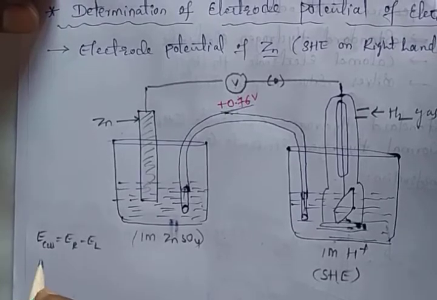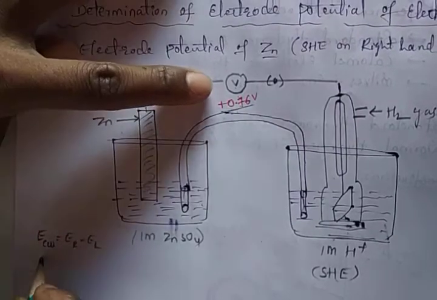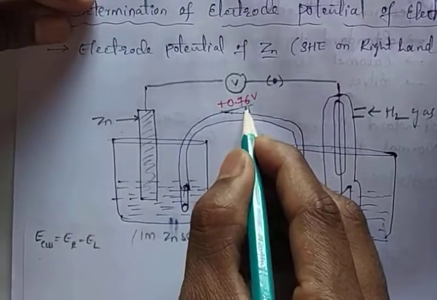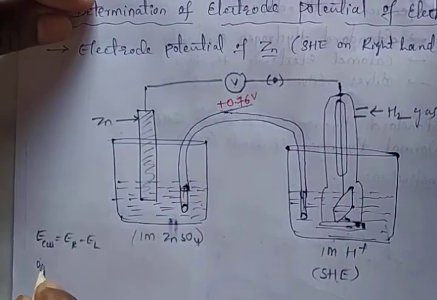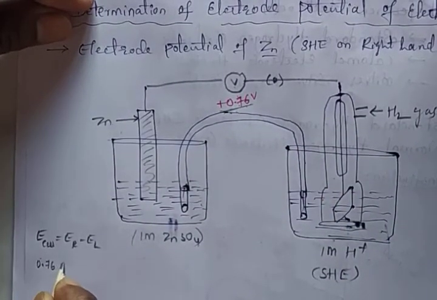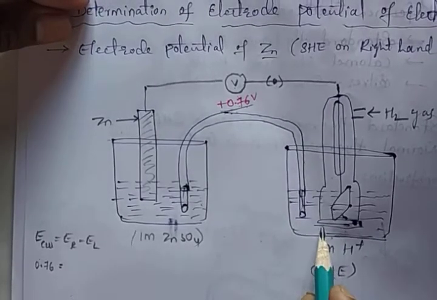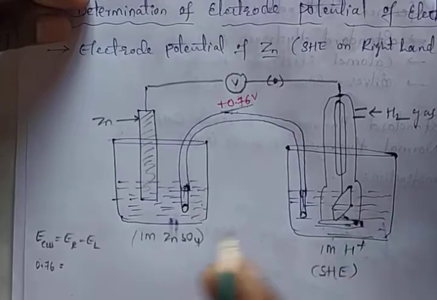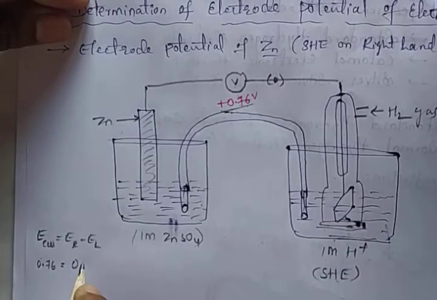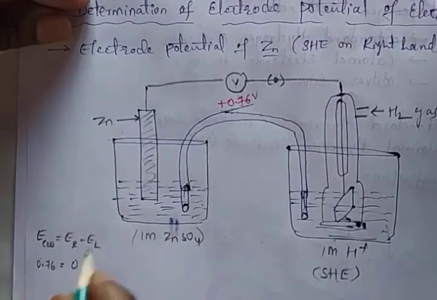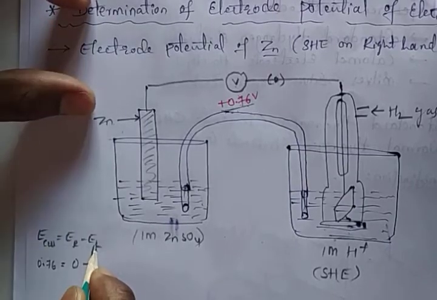We already have the value of E cell. Here it is 0.76 volt, which is equal to the right side. Which is the right hand side? The SHE. What is the electrode potential of the SHE? 0, minus the left hand side. Which is the left hand side? Zinc.